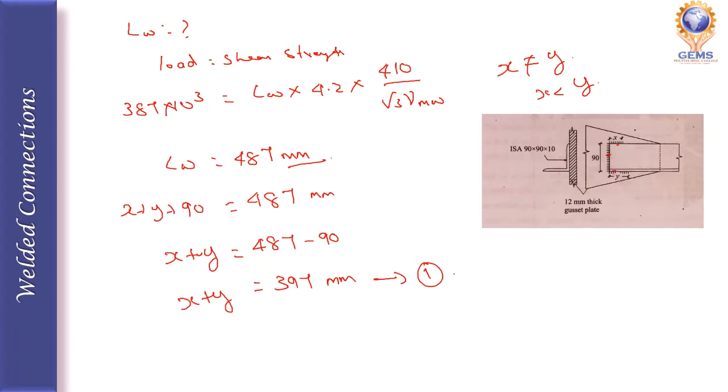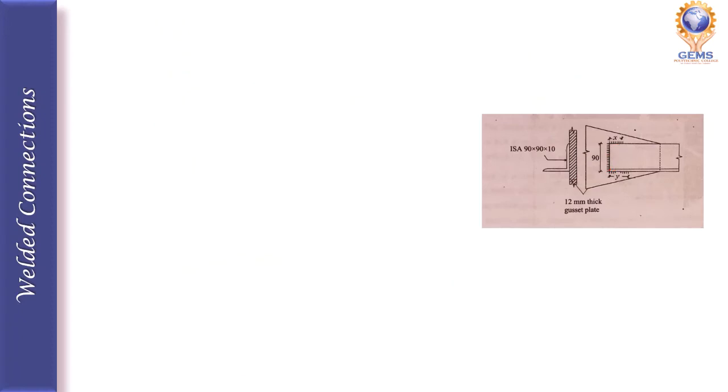By taking moment at the bottom edge of the angle. So we are considering the moment at the bottom edge of the angle, and by that we are going to find the x and y values.